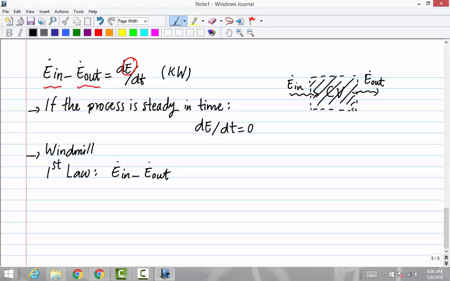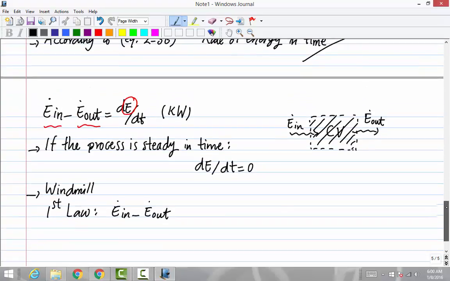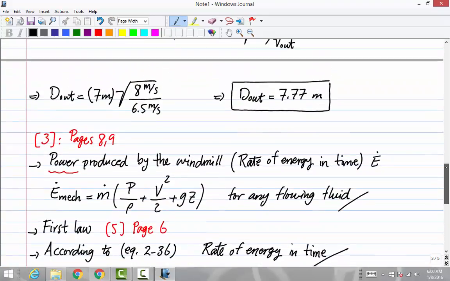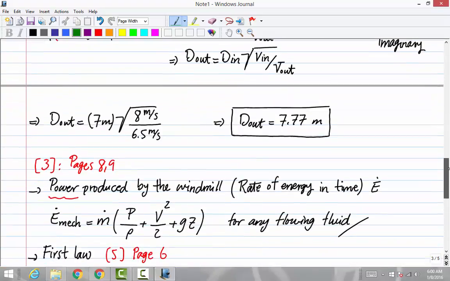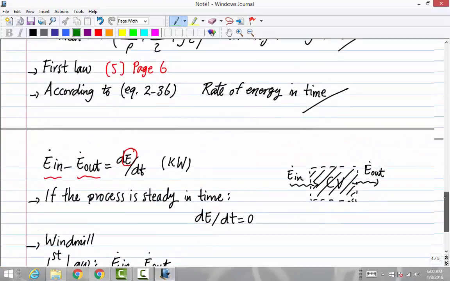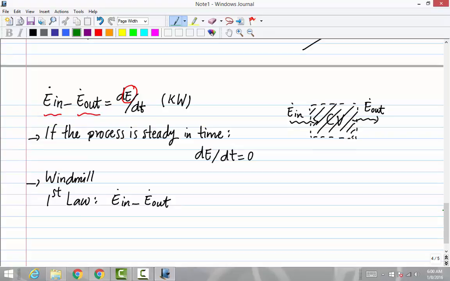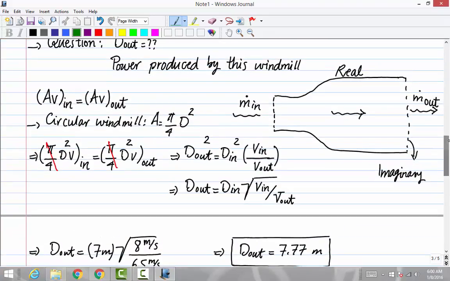Sorry, I need to show these terms on my system. So again, let me go back to what I wrote before. The first law says that there's conservation of energy, right? Energy doesn't create itself or disappear. Whatever is coming in should go out, unless something remains in my system and increases its internal energy.